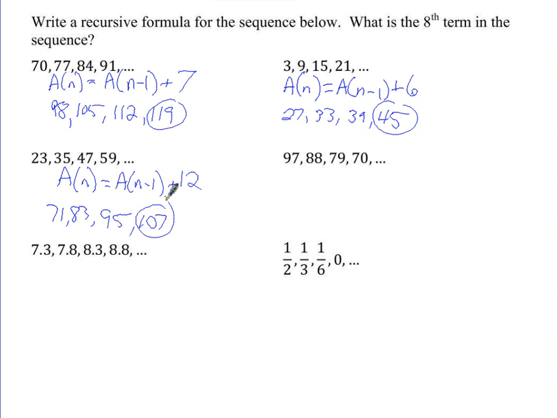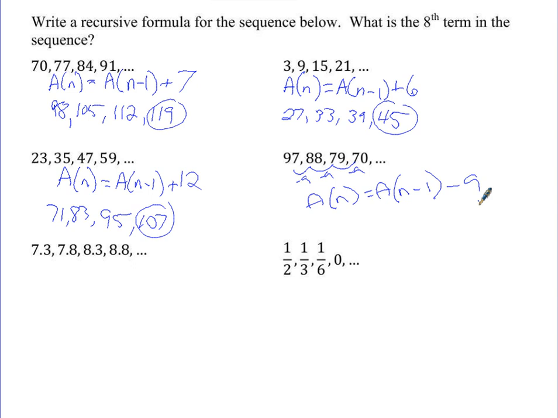Next one, is that an arithmetic sequence? Decreasing by 9 each time. So we're changing here, -9, -9, -9. That is arithmetic. So I can write the recursive formula. What is it? -9.